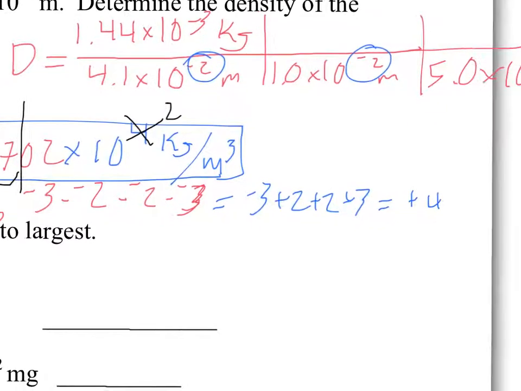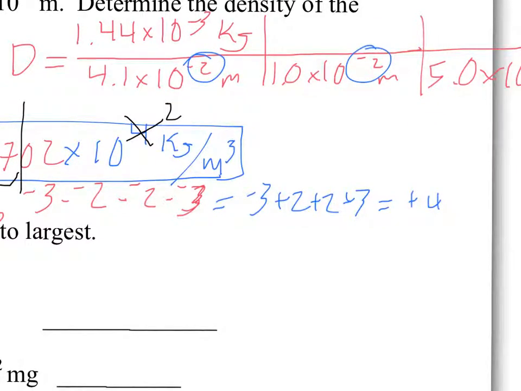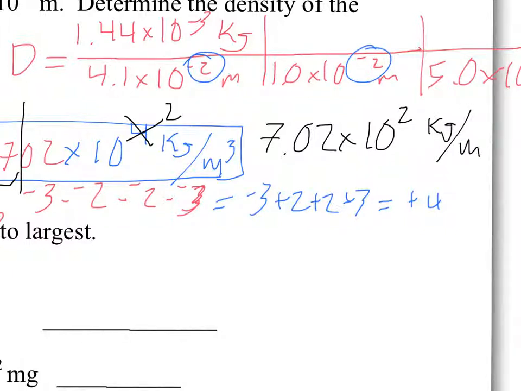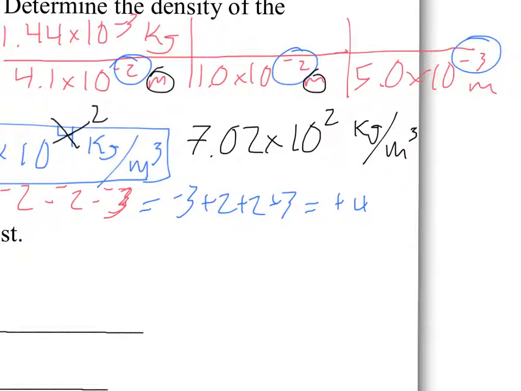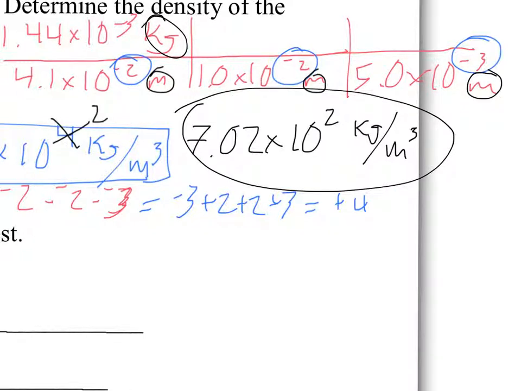What I end up with is 7.02 times 10 to the 2 kilograms per meter cubed. The meter cubed comes from these meters that are on the bottom. No units cancel. So this is our final answer right here.